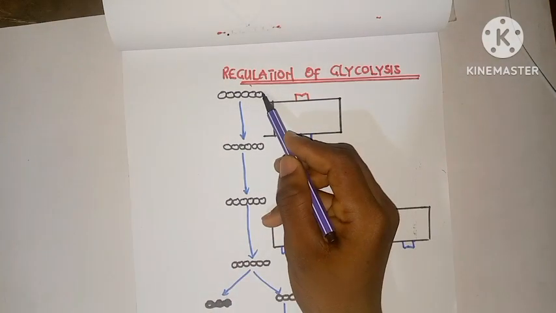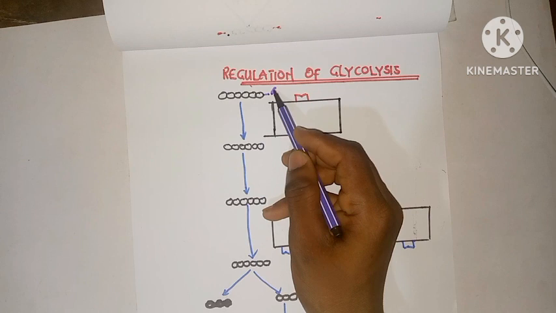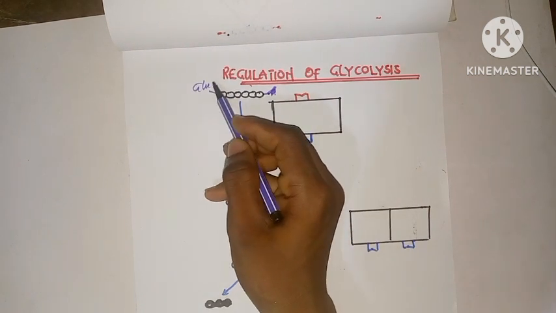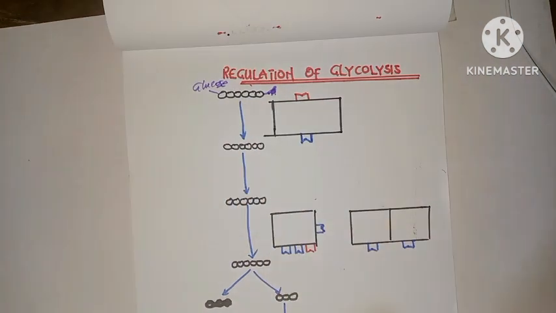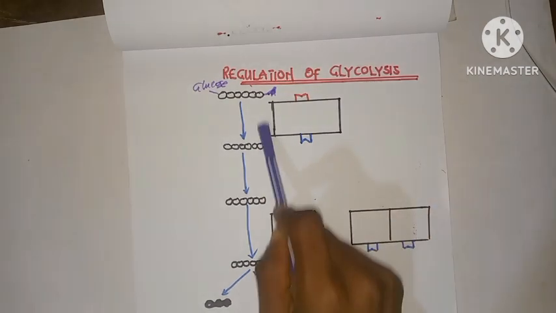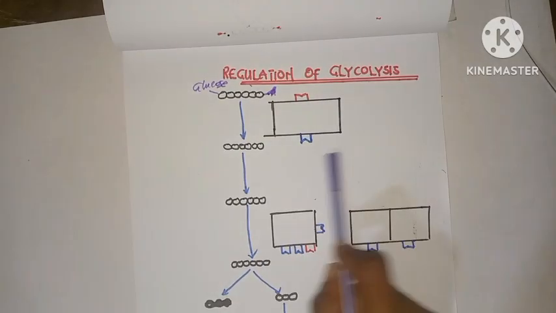So this is our glucose molecule. And this is our hexokinase enzyme.